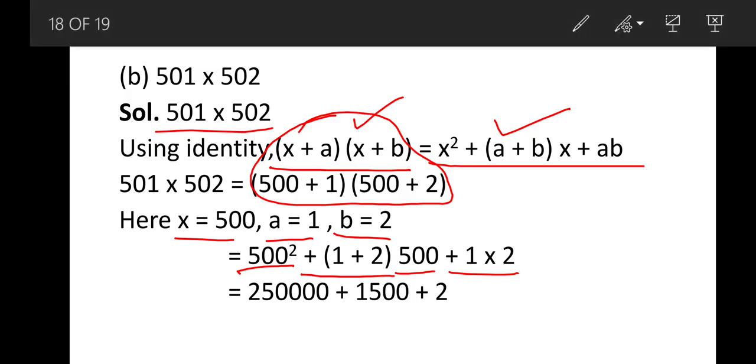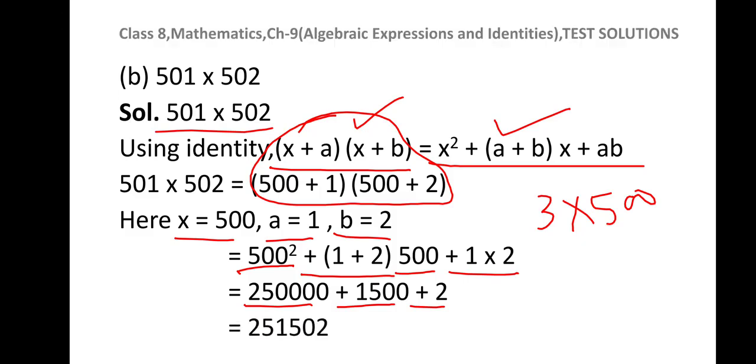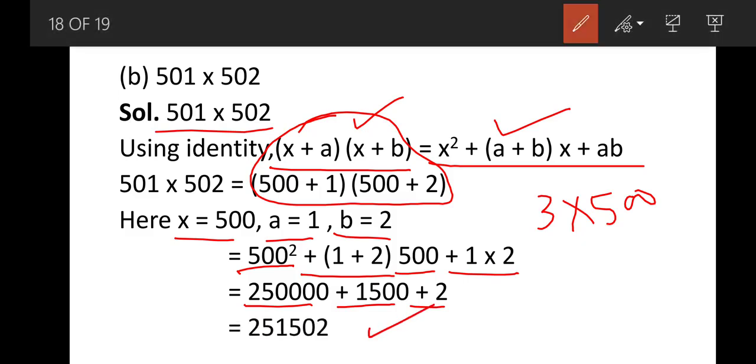So it will be 2,50,000 plus 1500 plus 2. 1 plus 2 is 3, 3 into 500 is 1500, and 1 into 2 is 2. So you will be getting the answer as this. Simply after this step you need to add.